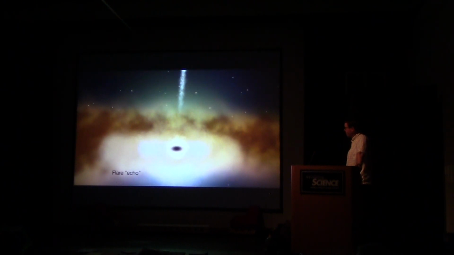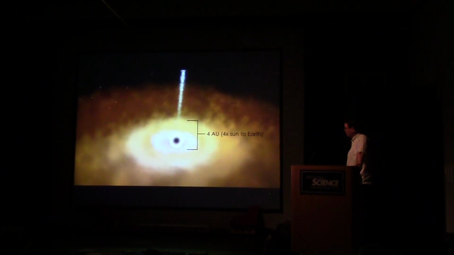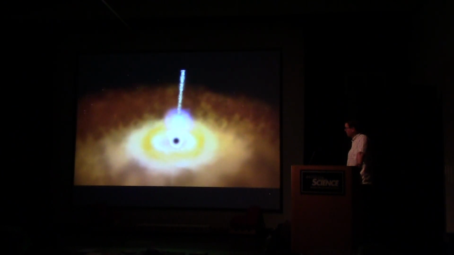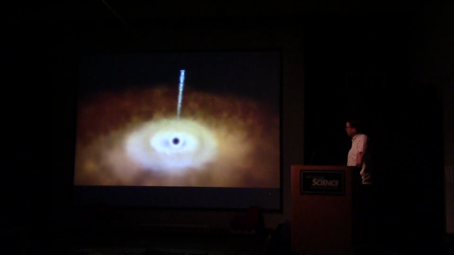About half an hour after each flare, the inner accretion disk lights up with an X-ray echo. The delay is caused by the time it takes light from the flare to reach the disk. This is the first clear measurement of the effect, and it demonstrates that the flaring X-ray source lies well above the disk. With flares serving as flashbulbs, future X-ray telescope missions will be able to use their echoes to precisely map the environs of distant black holes.